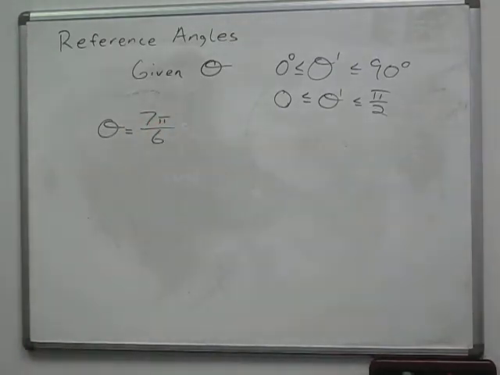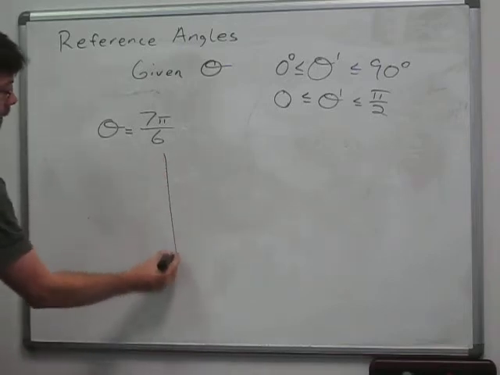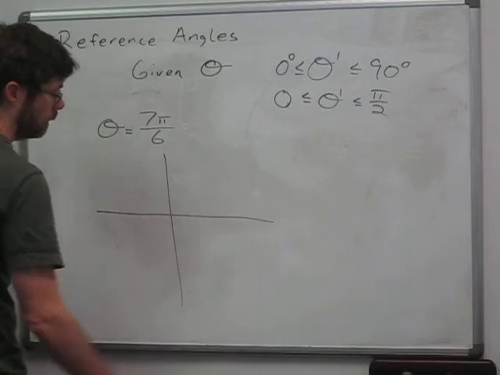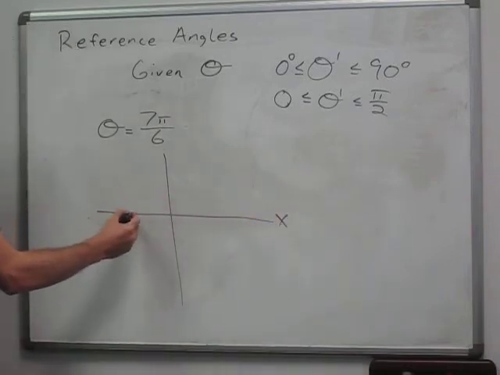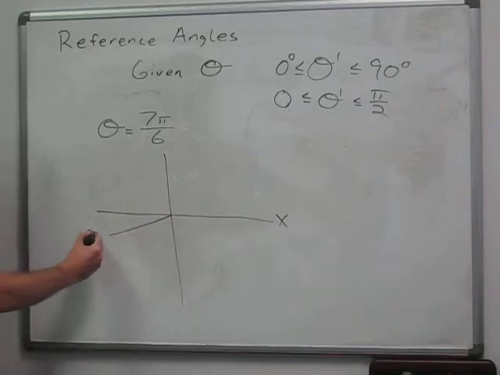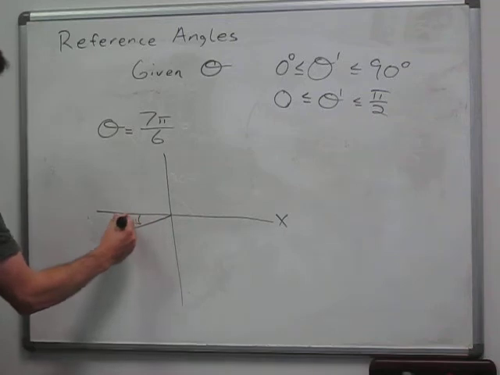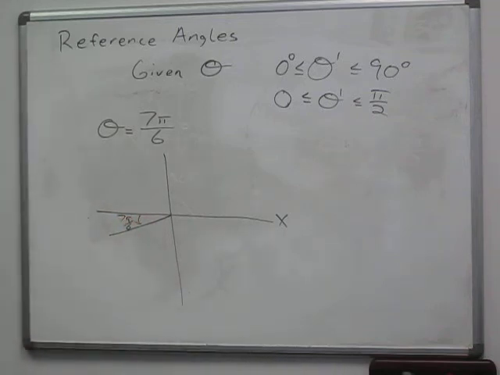What if our given angle is 7 pi over 6 and we want to find the reference angle? Well, rotation of pi brings me to here, so 7 pi over 6, that's right here, lands me in quadrant 3.